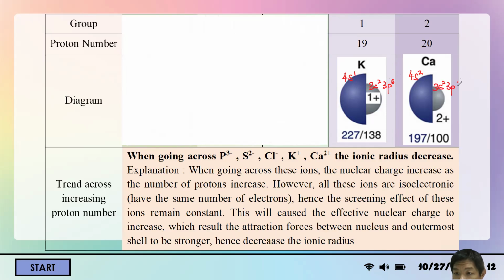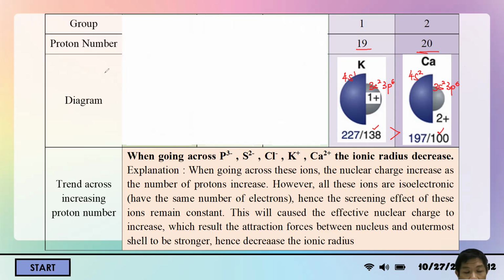So they are also isoelectronic, therefore the screening effect remains almost constant. As the nuclear charge increases while the screening effect remains constant, the effective nuclear charge increases. So that is why the ionic radius of potassium is much larger compared to the ionic radius of calcium.